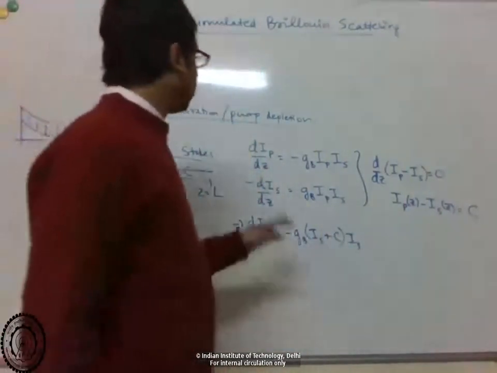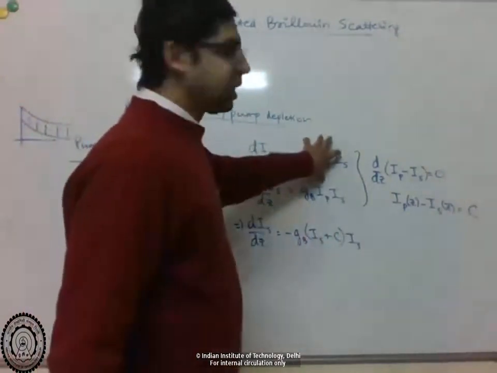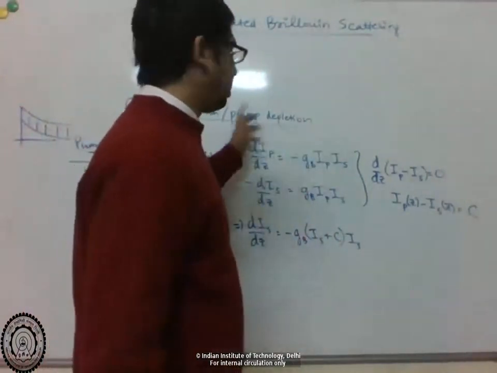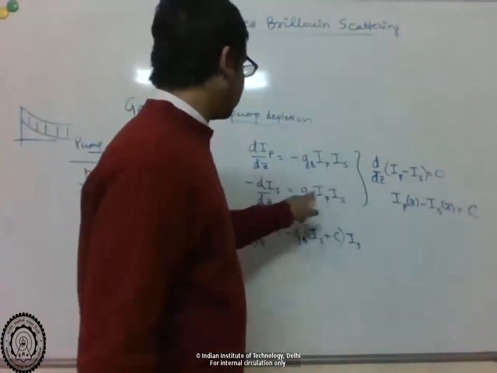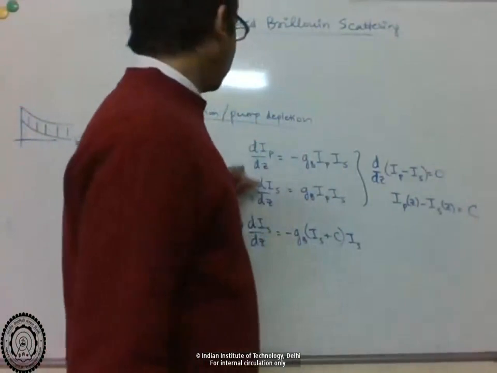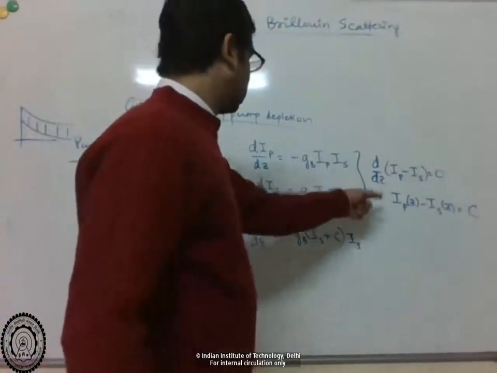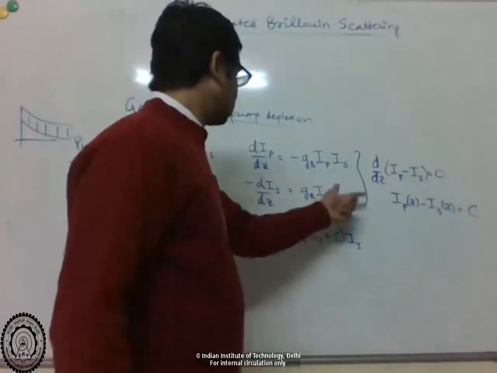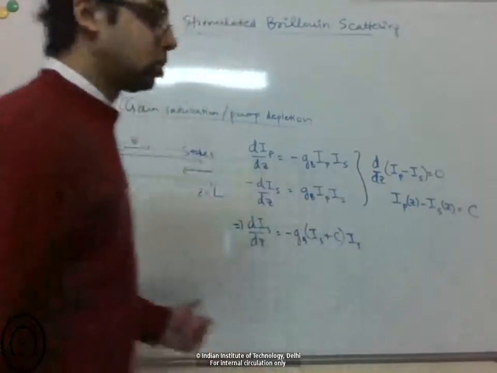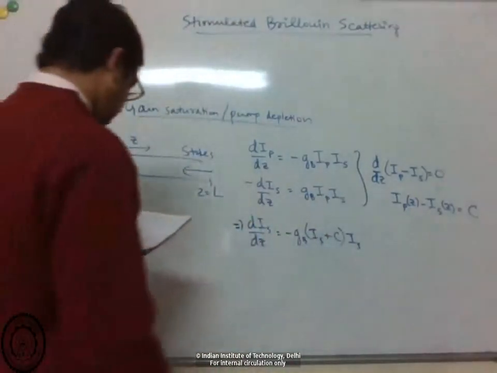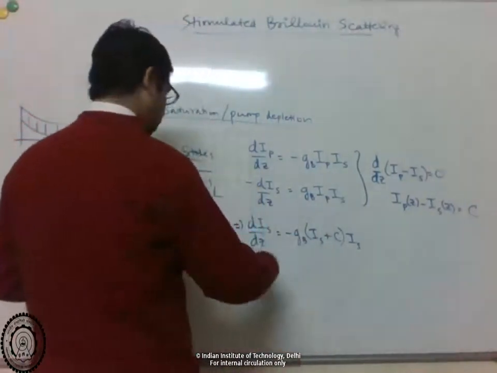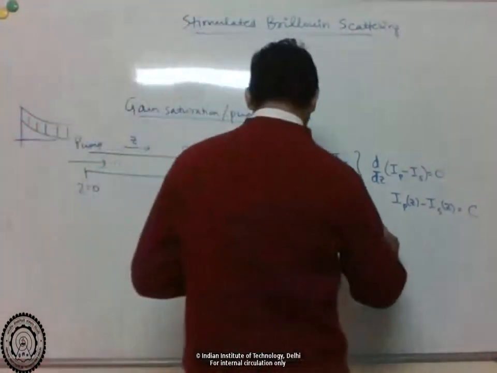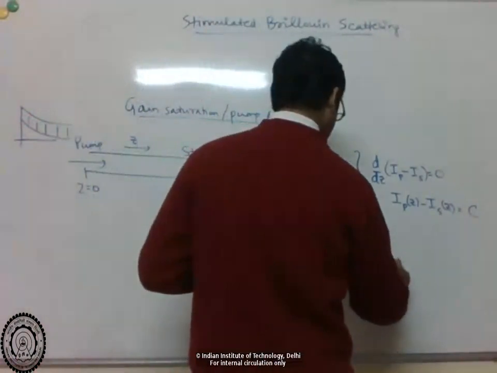So the pump undepleted case will be when we neglect this. We say IP is constant, and then we just use a constant IP here, and we get exponential gain. But now we are considering the pump depletion also, so we get this equation for the Stokes. You can gather the terms for the Stokes on one side.